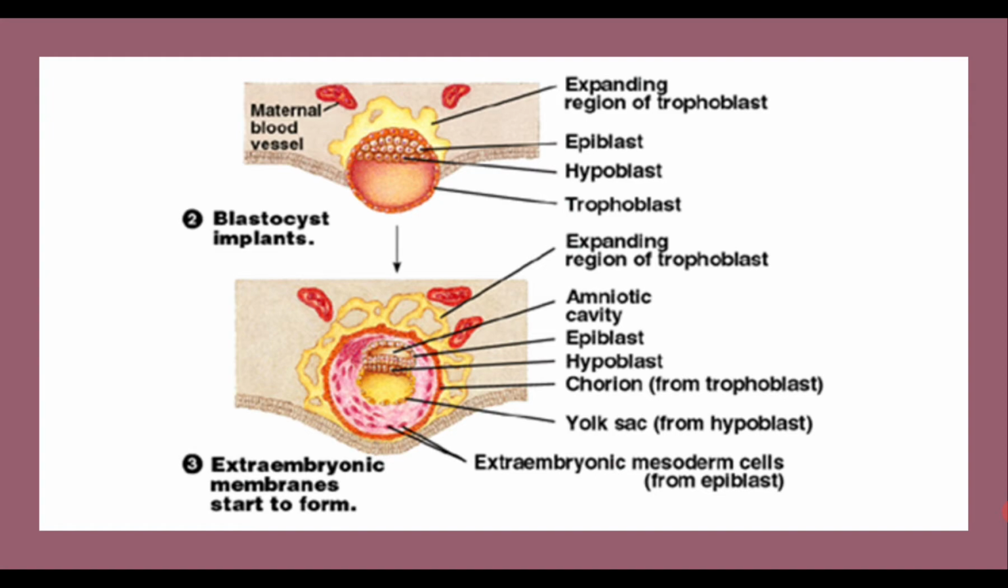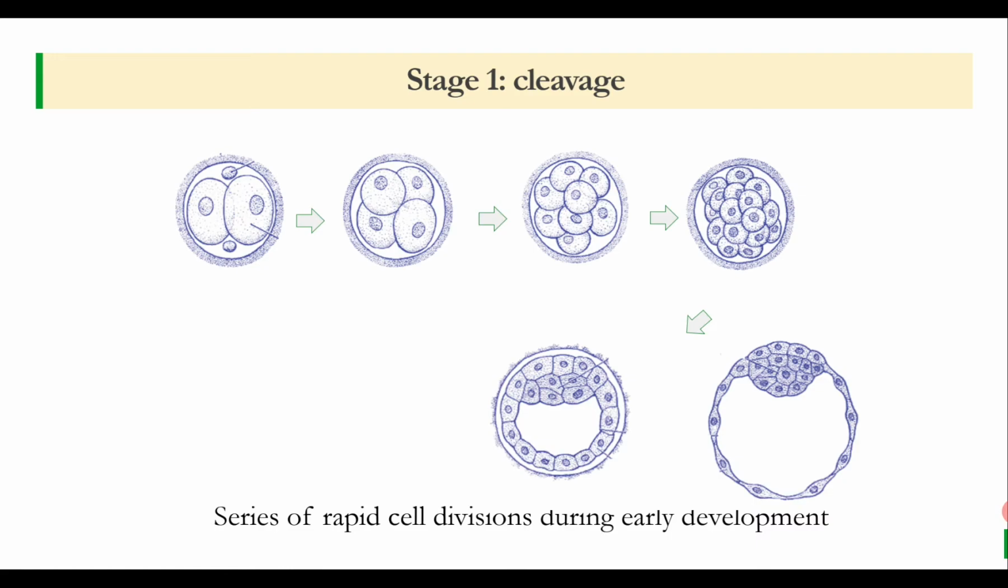Showing here, successful cleavage will eventually form a structure called the blastocyst. The blastocyst is shown here when the ball of cells has a space formed.